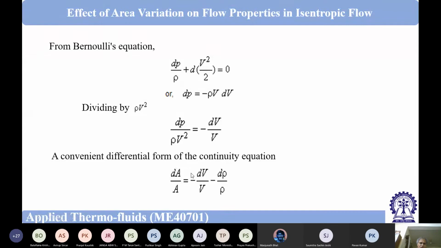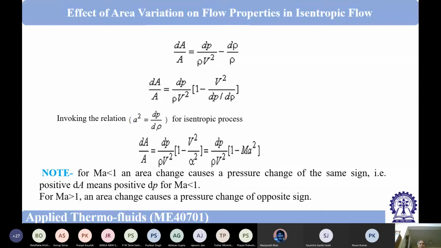And again, rho A v, density, velocity, area. This product gives mass flow rate, which is constant. So we can differentiate them and we can get an expression like this. So this is from mass flow rate and this is from the Bernoulli equation. And then we will play around with these two expressions.